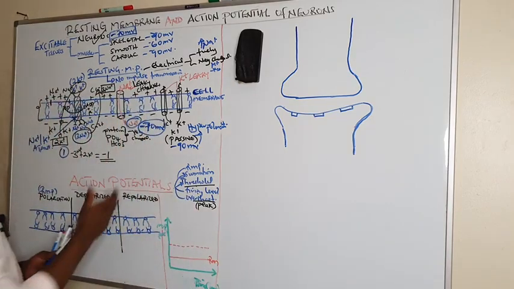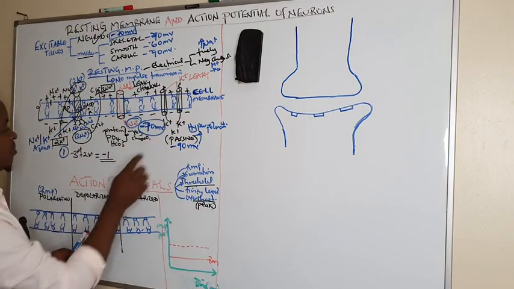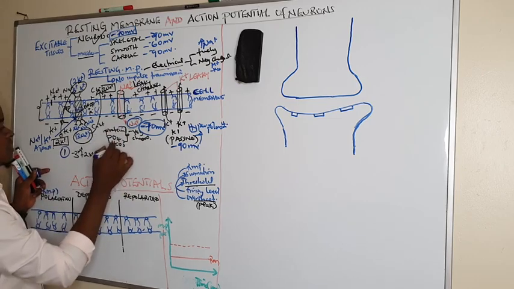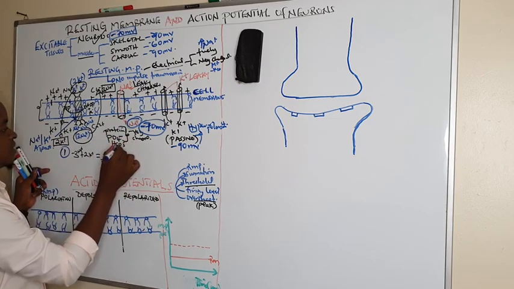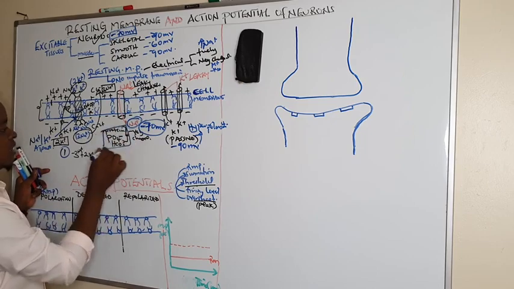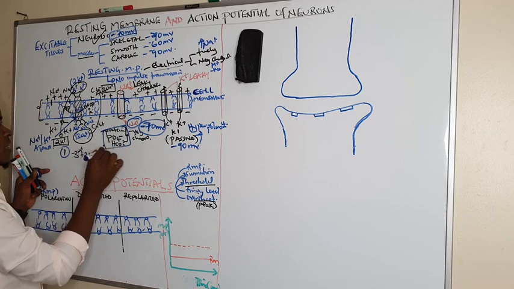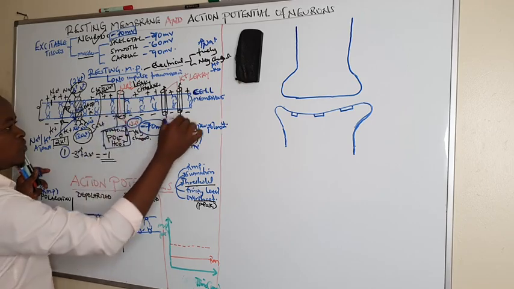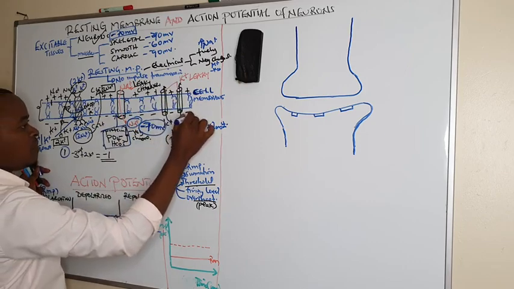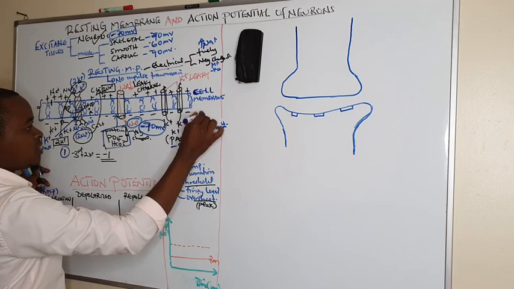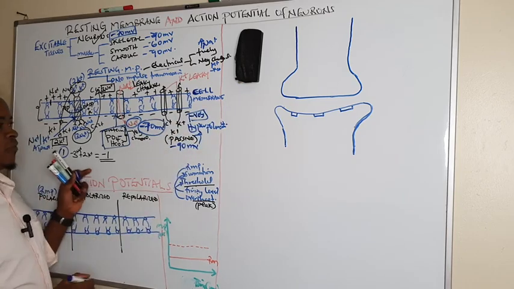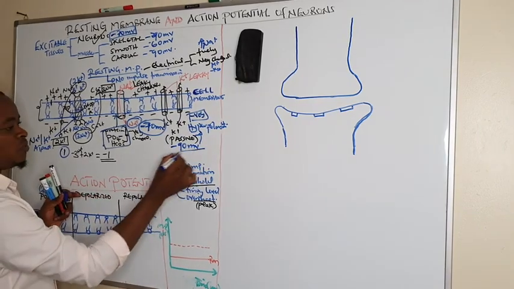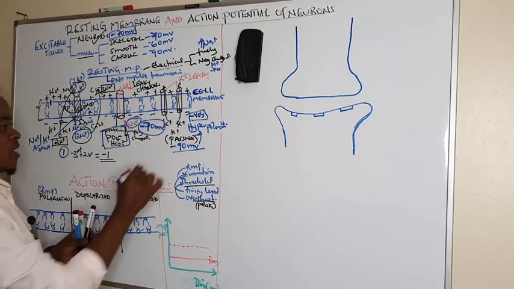But remember, inside the cell, apart from potassium, we told you we have negatively charged proteins and negatively charged phosphates. These negatively charged ions, because they are big in size, cannot leak out of the cell. So we lose the potassium, while maintaining negatively charged substances like proteins and phosphates. And this further creates a negative charge, which brings about hyperpolarization.